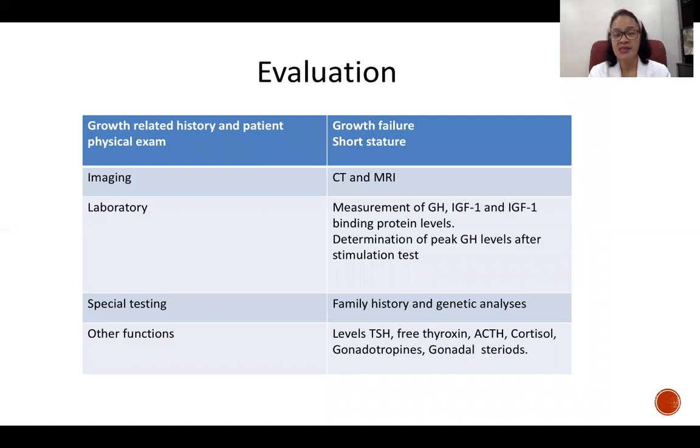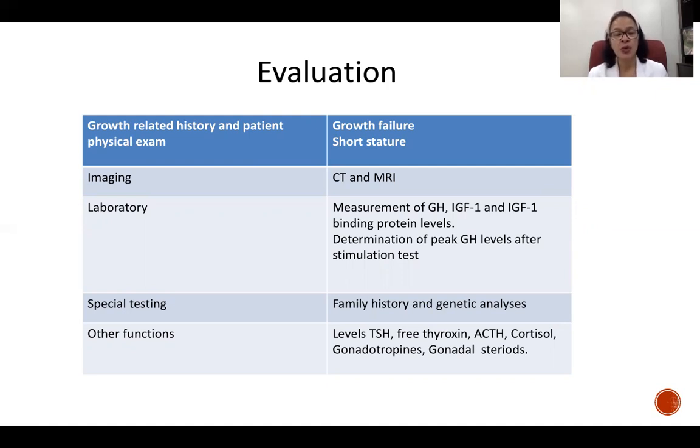Usually in a fasting status, or you can perform stimulation tests if necessary. So the 6 anterior pituitary hormones, your growth hormone, prolactin, LH, FSH, TSH, and ACTH, as well as the target hormones, can be measured via sensitive and reliable immunoassay techniques.